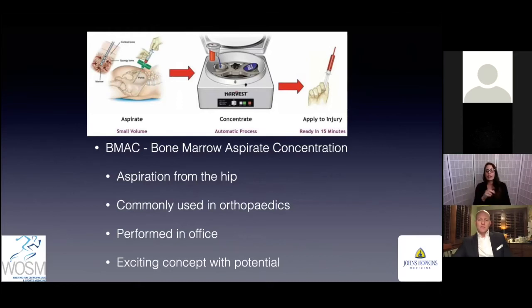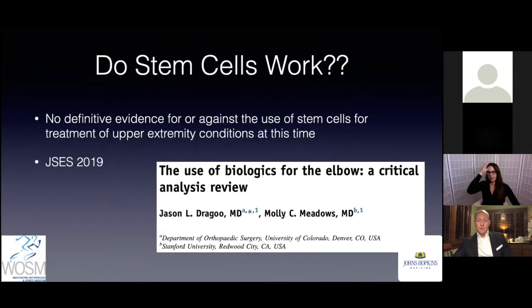So as I've alluded to, this is an extremely exciting concept, but do stem cells work? Unfortunately, at this time, there's still no definitive evidence for or against the use of stem cells for treatment of upper extremity conditions. I'm citing a paper here from the Journal of Shoulder and Elbow Surgery, from 2019, which reviewed this critically.